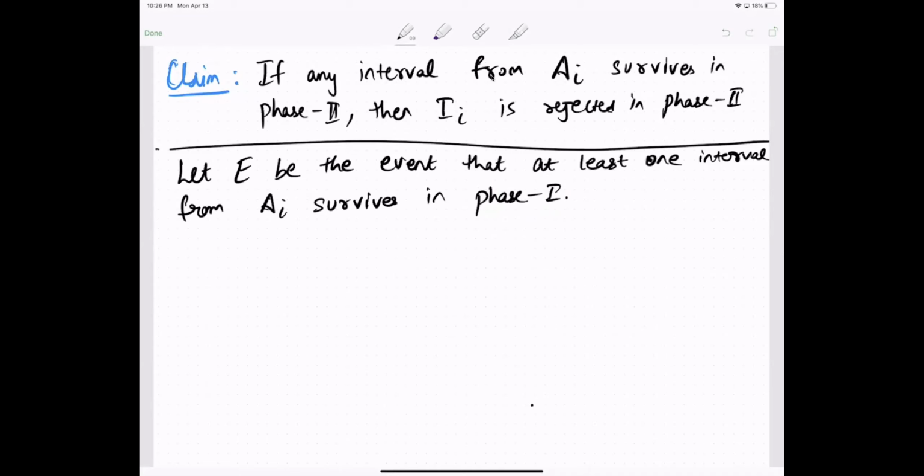Sorry if I'm confusing you here, but just give me a minute. I'll just sort things out here. Probability Zi is equal to 0. Just give me a second. Let me write it down first and then I'll explain.